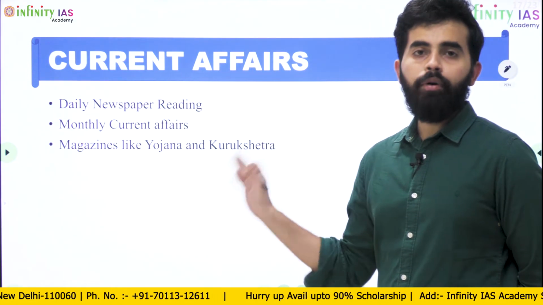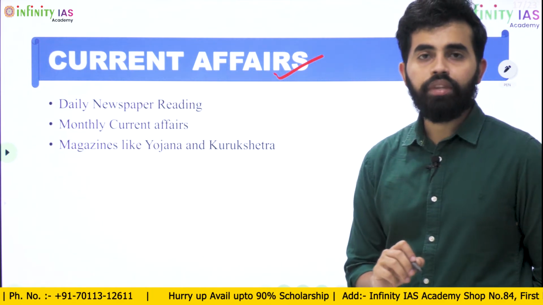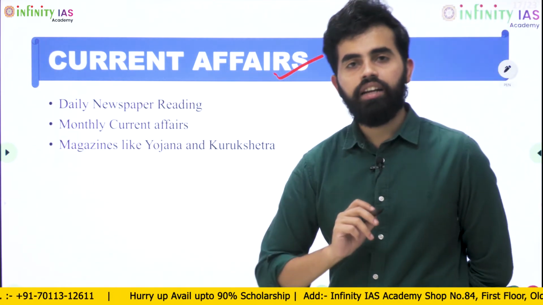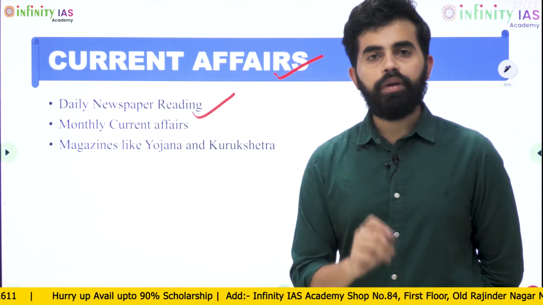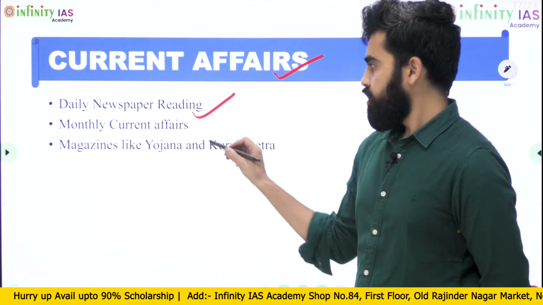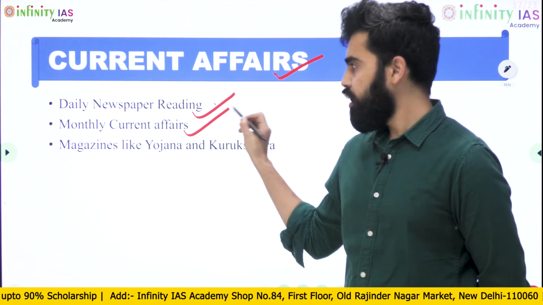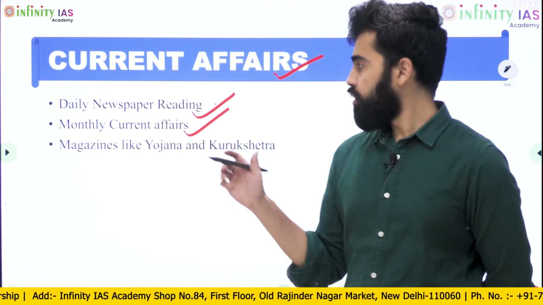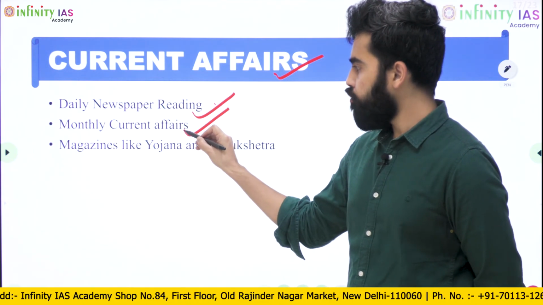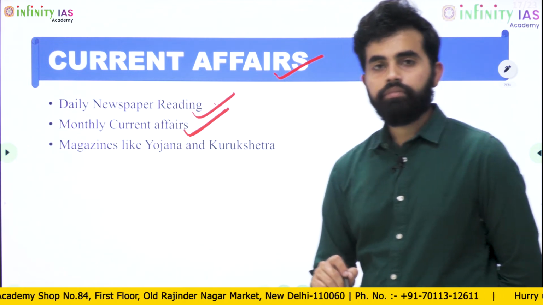Then the most important part of the prelims examination, that is current affairs. There is no shortcut to current affairs and we have to do daily newspaper reading. Apart from daily newspaper reading, we can also read monthly current affairs, which are released every month as a compilation of all the current affairs that happened in that month.